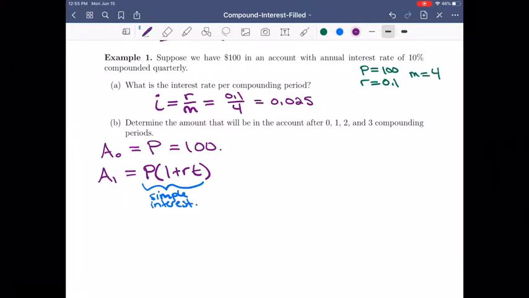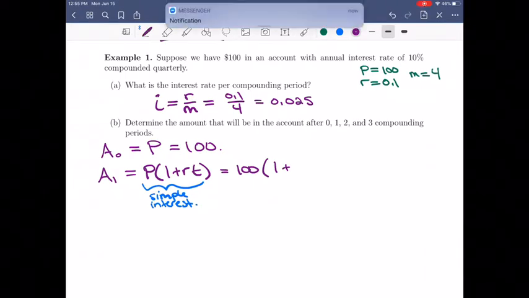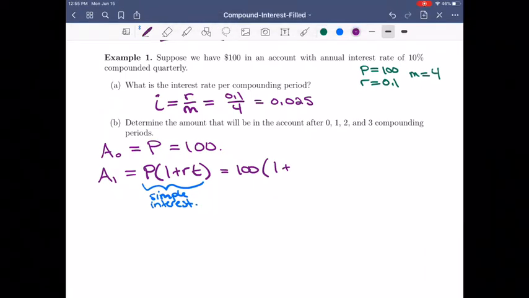What this is going to be is 100 times 1 plus, now R is 0.1. And T, because we've only gone a quarter of the year, T is going to be a quarter here.